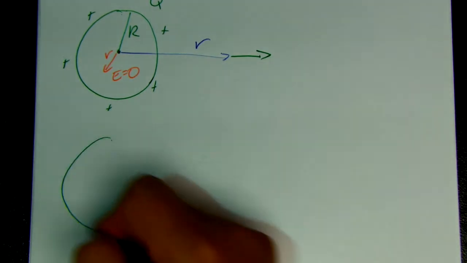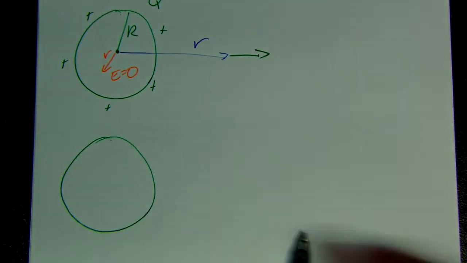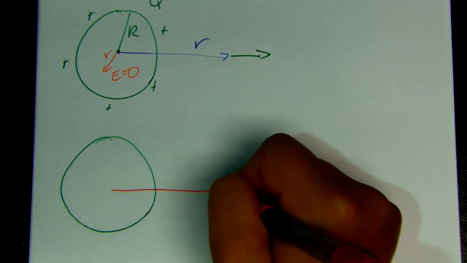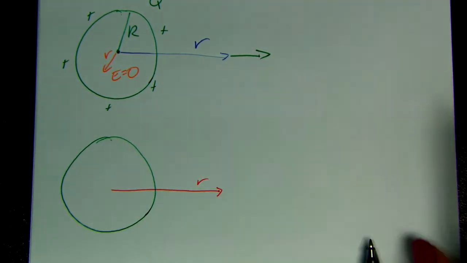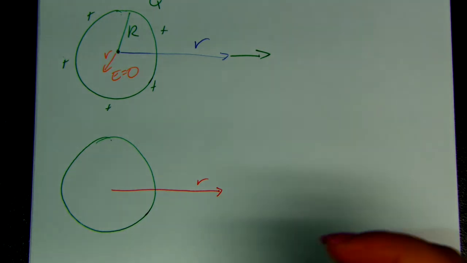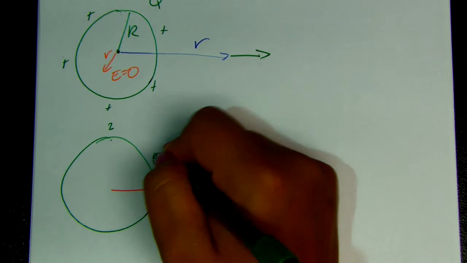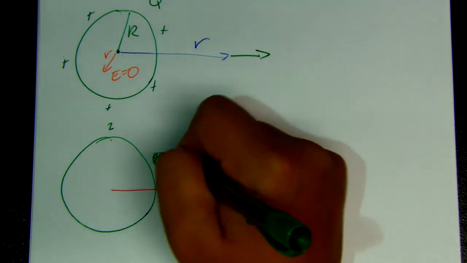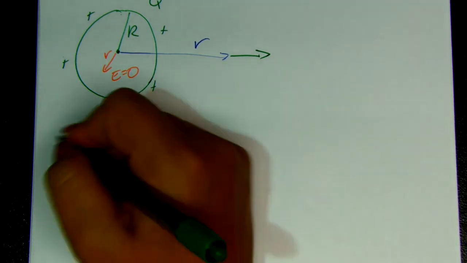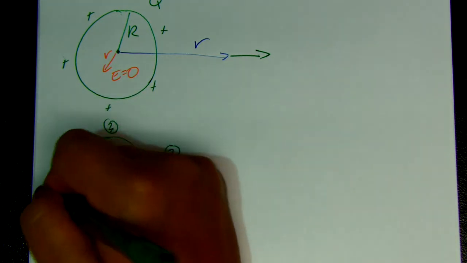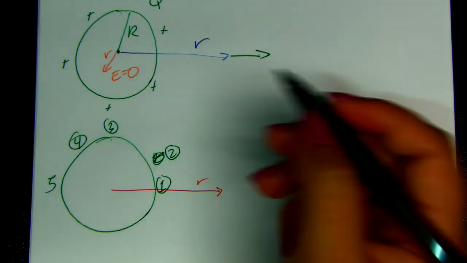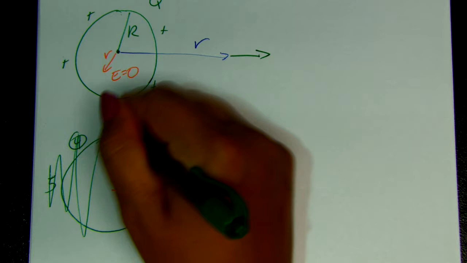So we'll take our sphere, and we're going to go ahead and do that outside observation. So here's our R, and we'll cut up our sphere. Oh my goodness. Let me try this again.